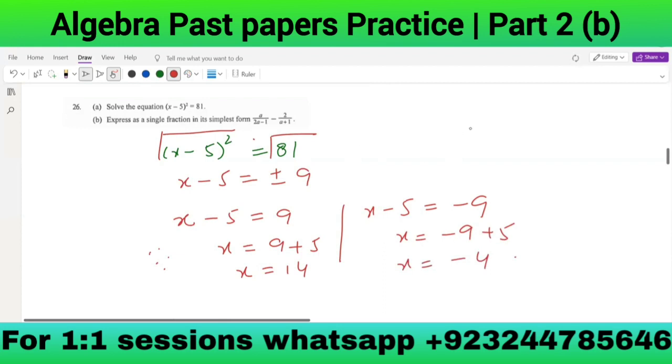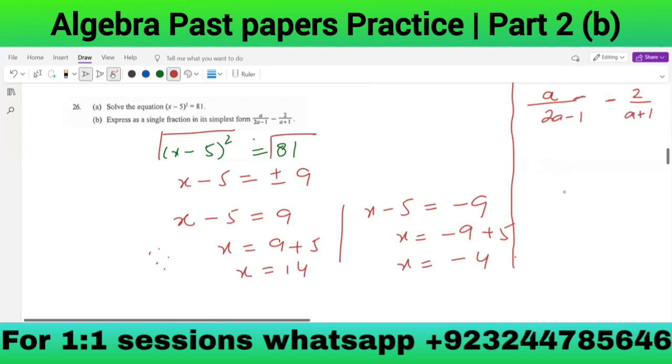Okay. So write it as a single fraction. a divided by 2a minus 1, minus 2 divided by a plus 1. Okay.